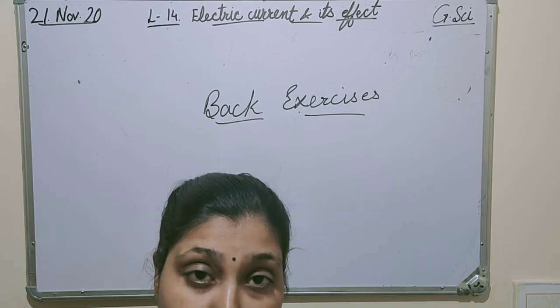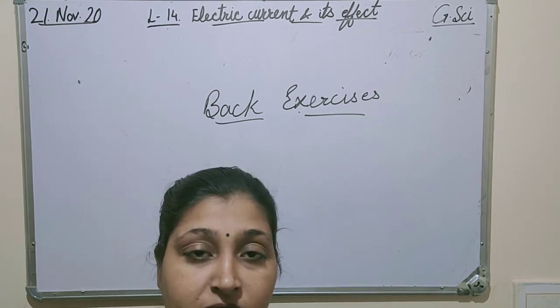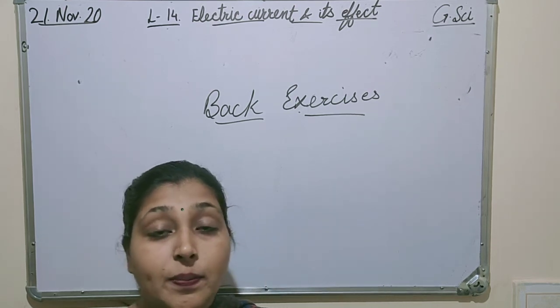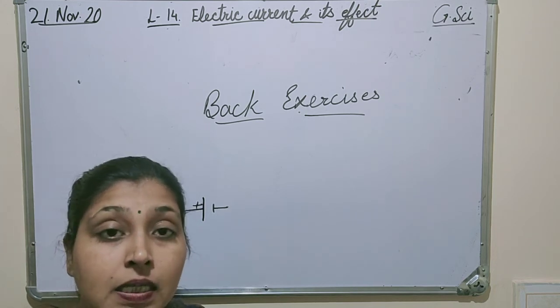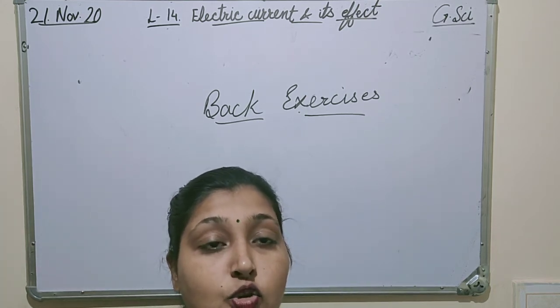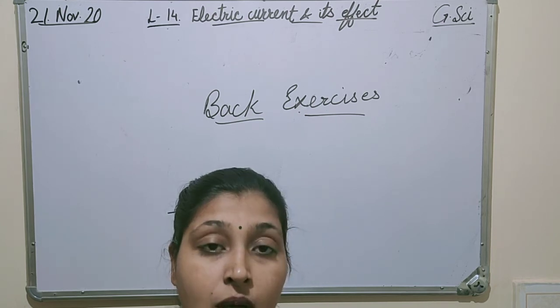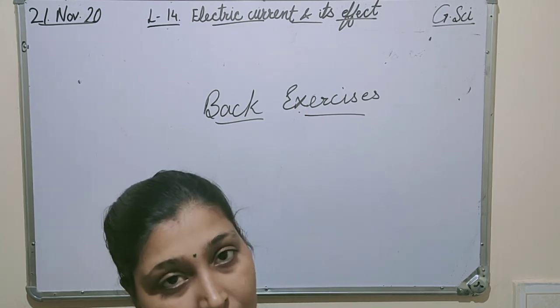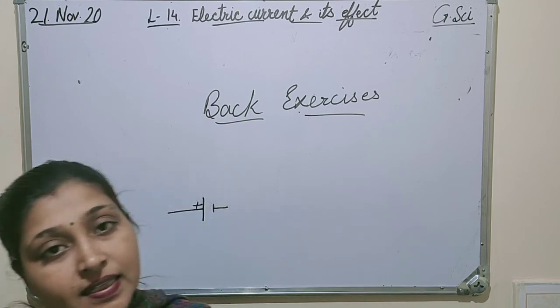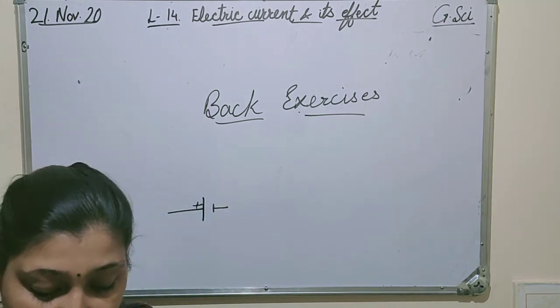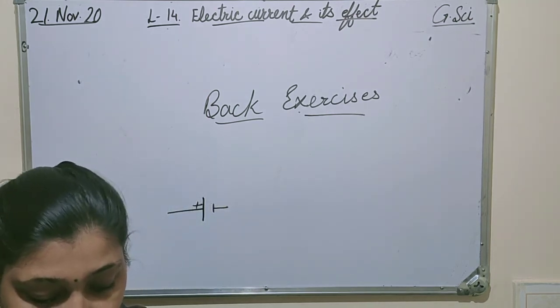Is it fused or is it working? If it is fused, then obviously she has to replace that bulb. Thirdly, she has to check the circuit so that there is no breakage, there is no gap in the circuit. If it is correct, then her circuit will be working, otherwise not.